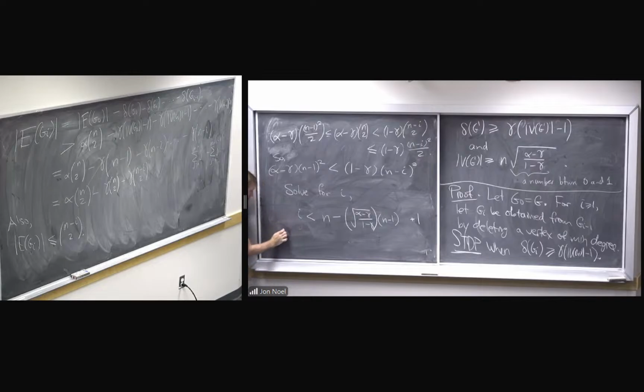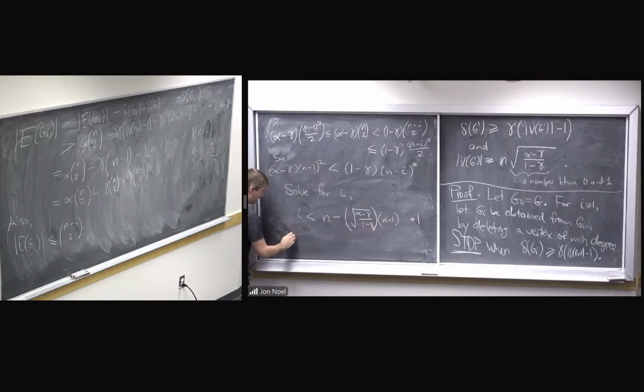Remember, GI has n minus I vertices. So this is a strict inequality, but there's a plus 1 that kind of gets rid of the plus 1 in some sense.